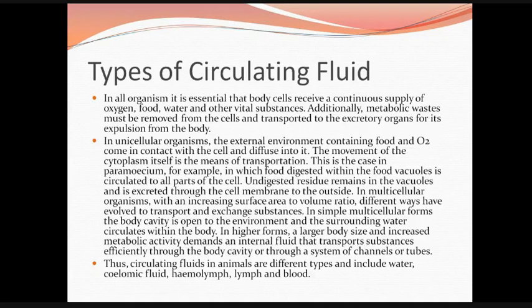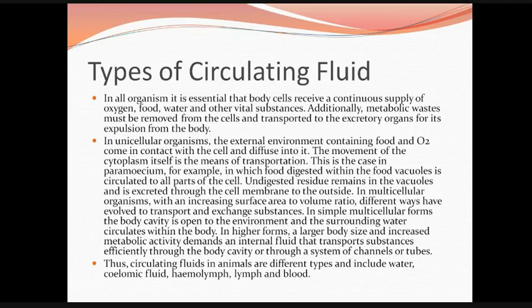Whatever things are there are directly mixing. Simply, their food source is the external environment, and oxygen whenever they require they take, because they are a single cell. So the movement of the cytoplasm itself is causing the transportation. They don't require any type of circulation.